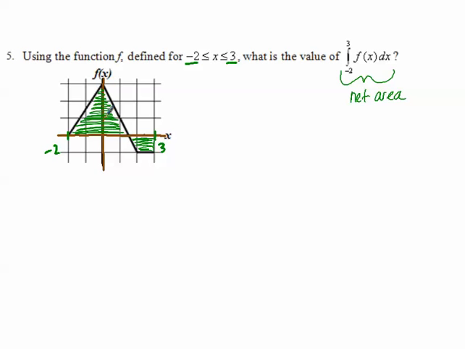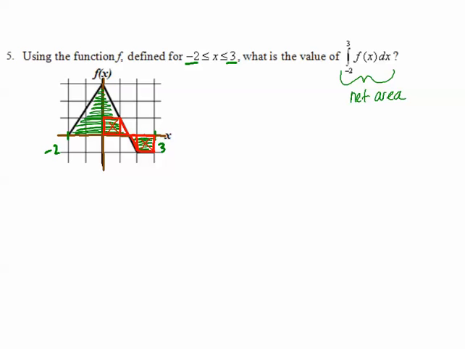For example, I see a shape on top here that is a square and a tiny little triangle, which is actually looking like the exact same shape as this, a square with a tiny little triangle. So those actually cancel each other out. I don't really have to find the area of that trapezoid anymore.